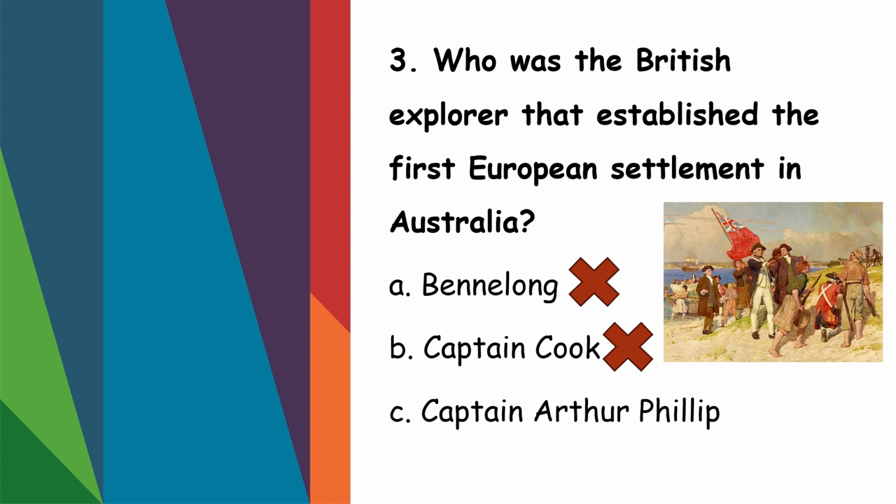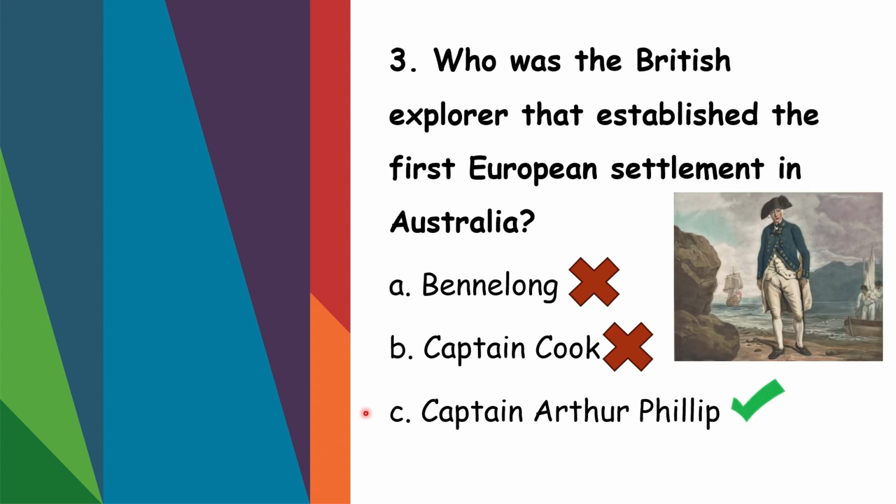C. Captain Arthur Phillip. Captain Arthur Phillip was the commander of the first fleet of 11 ships that sailed into Botany Bay, New South Wales in January 1788. 3 days later, he chose a site at nearby Sydney Cove in Port Jackson, and on the 26th of January began to establish a convict settlement.